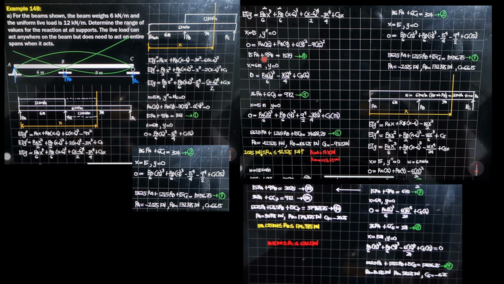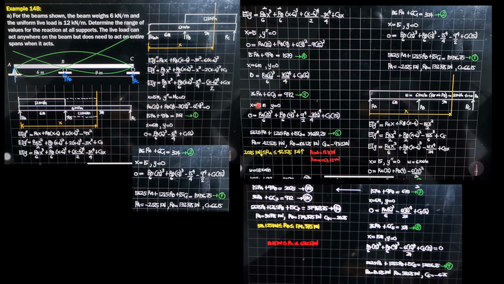Simplifying, 15 RA plus 9 RB equals 1539. Call that equation 4. When X is 6, Y is 0 at B. So 0 equals RA 6 cubed over 6 plus this is 0, minus 3/4 of 6 to the 4th, then plus C sub 3 times 6.